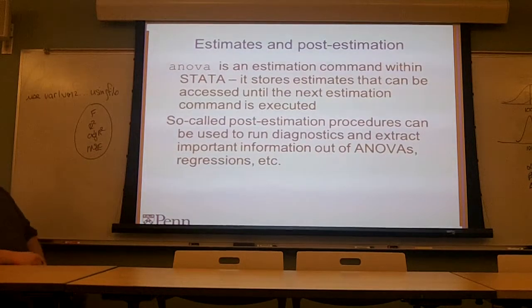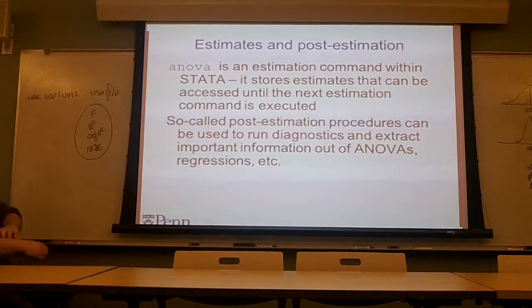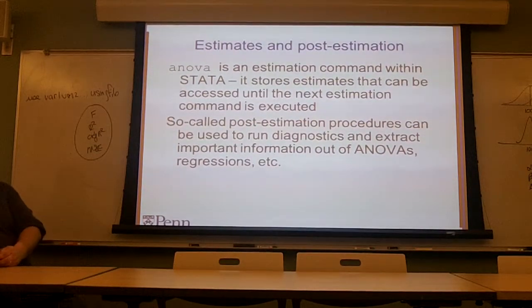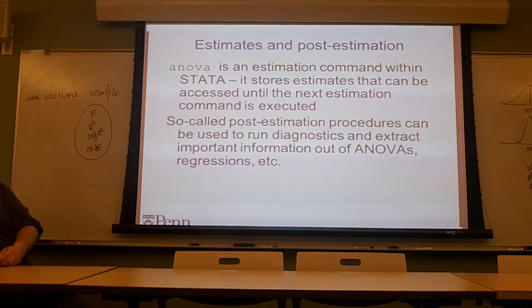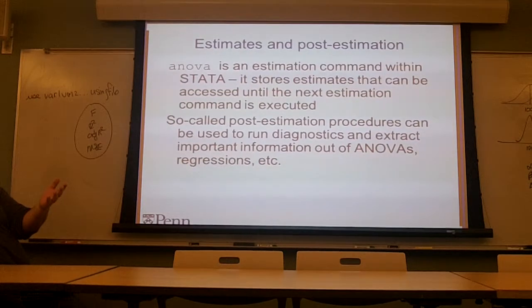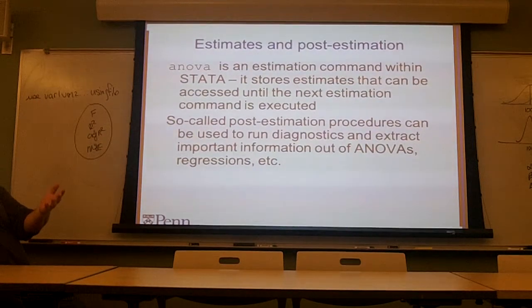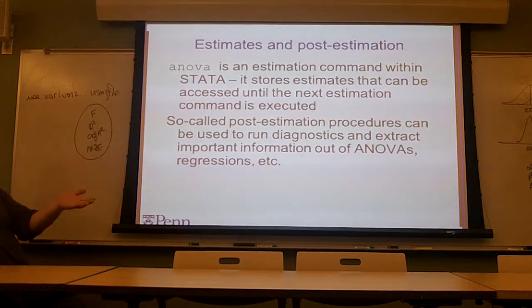Say, for example, you're in a class called HPR 608, Advanced Regression, and you're going to have to learn about things like diagnosing a regression model, starting maybe next week.